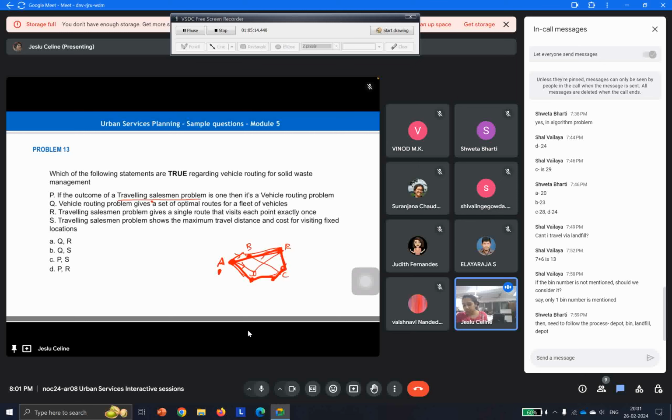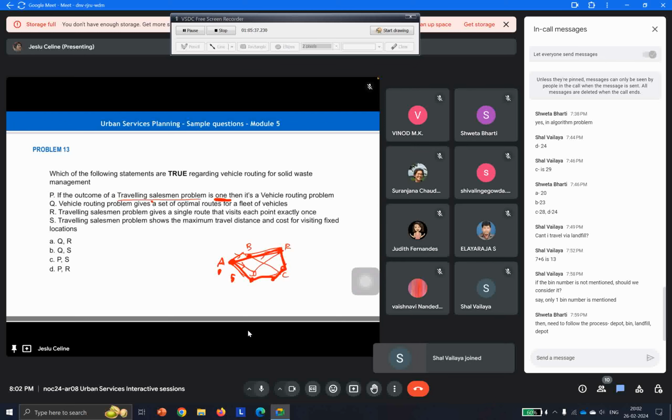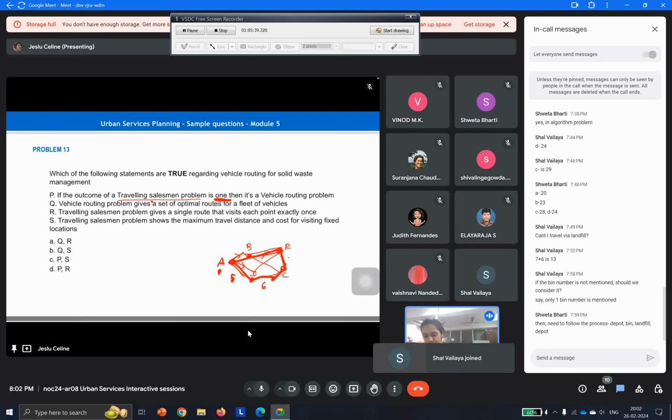Now, if the outcome of a traveling salesman problem is 1, then it is a vehicle routing problem. Does that make any sense? Is it a vehicle routing problem? That doesn't make sense. If the distance or the time taken to travel from A to B, or A to D, is 5 and C to D is 6, and then this is 1 and this is 2, eventually when the salesman comes back, there would be a value.